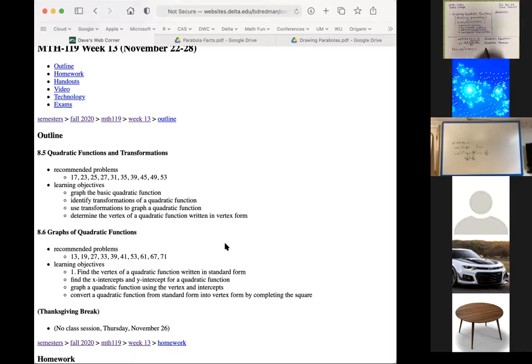This is called a quadratic function. I'm not going to quiz you on what some vocabulary means, but I do want you to keep this straight. This is the quadratic equation, this is the quadratic formula, this is the quadratic function. Even though the names are close together, they mean three separate things. You want to keep that straight.